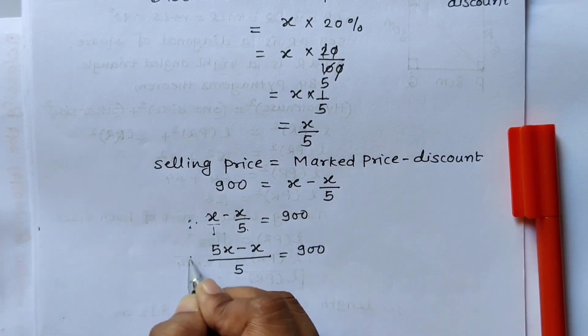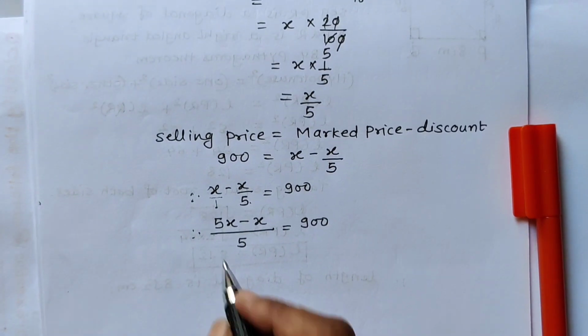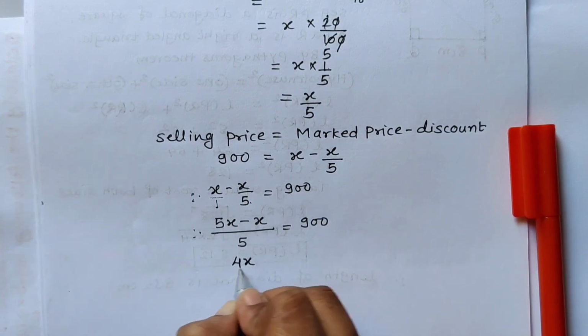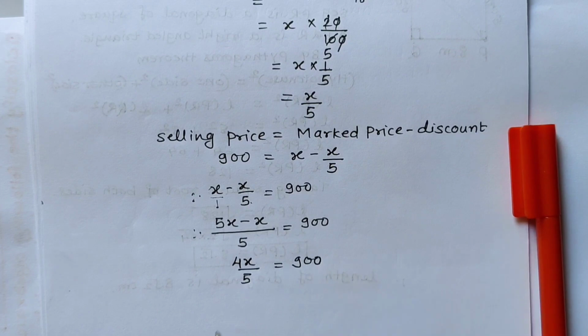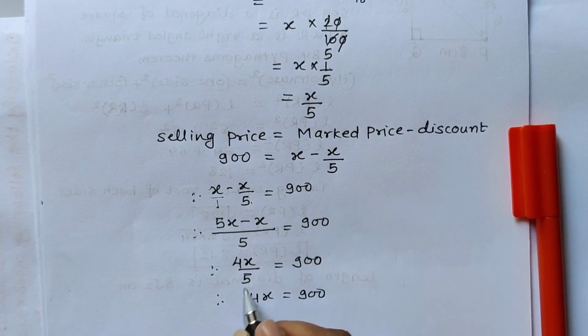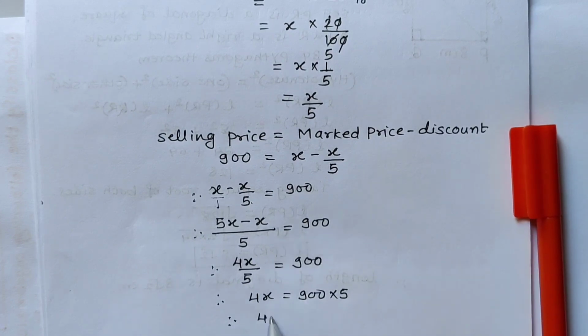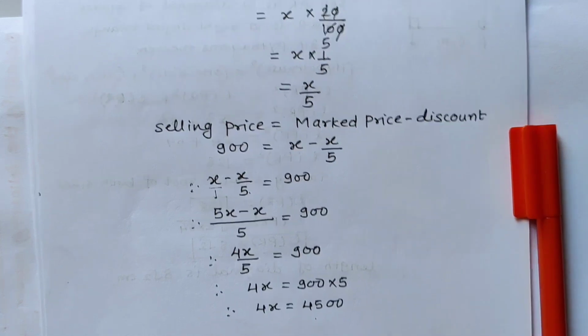You all know how to do cross multiplication now. 5X minus 1X is 4X upon 5 is equal to 900. Now this 5 I am going to transfer on right hand side. It is divide by here, so it becomes multiply by. 4X is equal to 4500 because 9 5s are 45 and these 2 zeros.